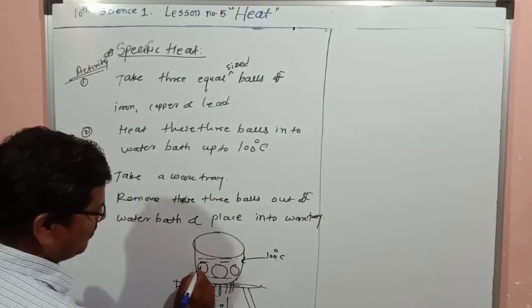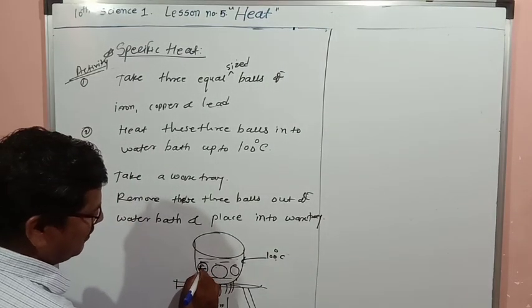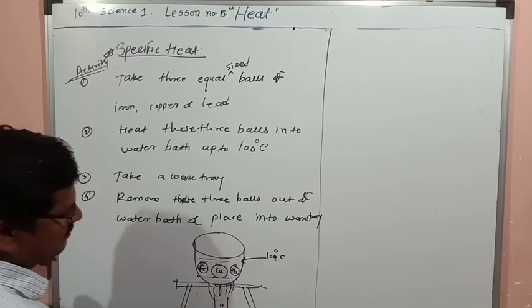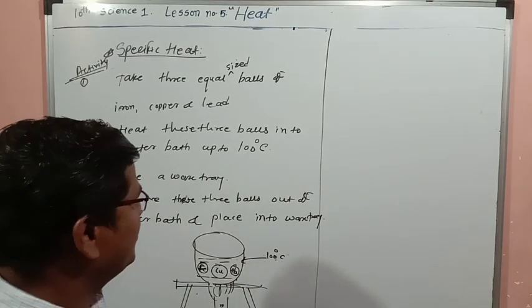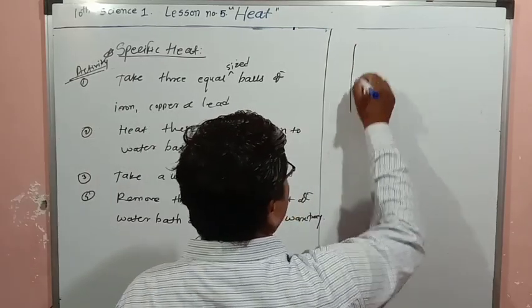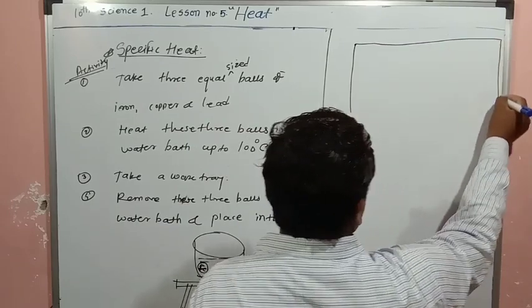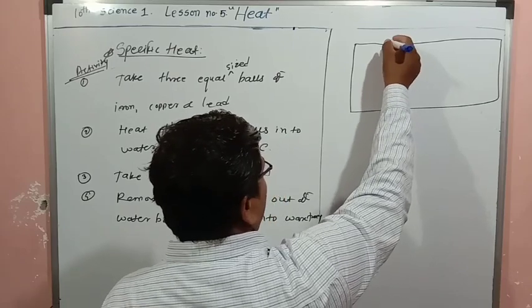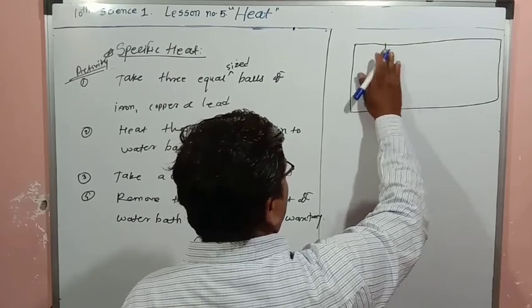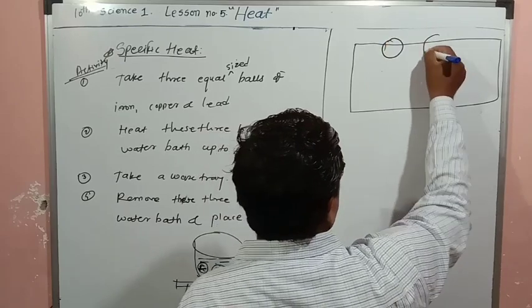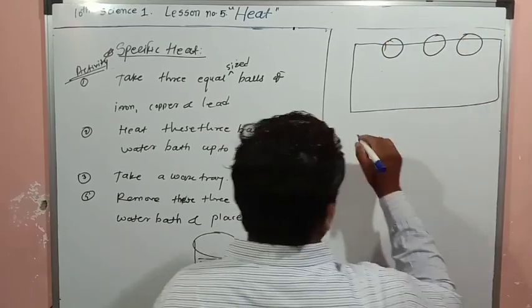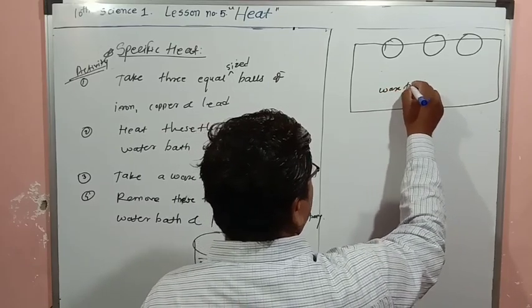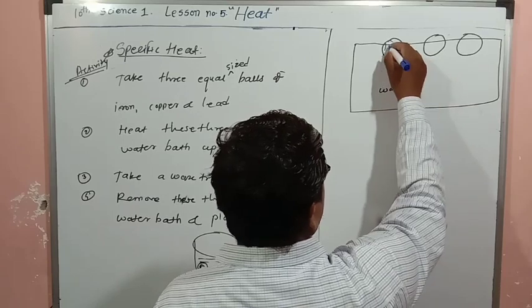Initially, suppose this one is the iron ball, Fe, this one is the copper ball, and this one is the lead ball, Pb. Suppose you take one wax tray and initially keep the 3 balls here.